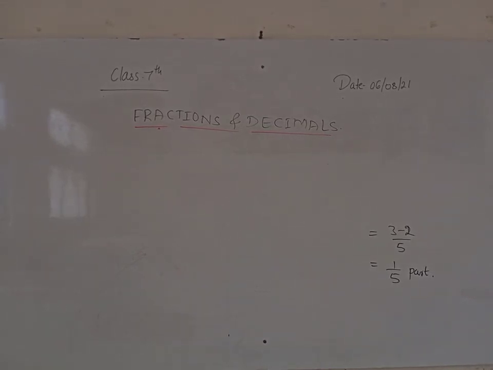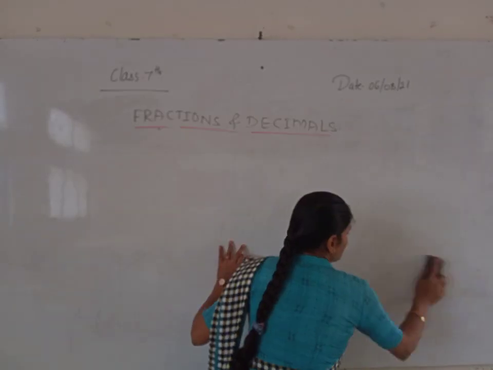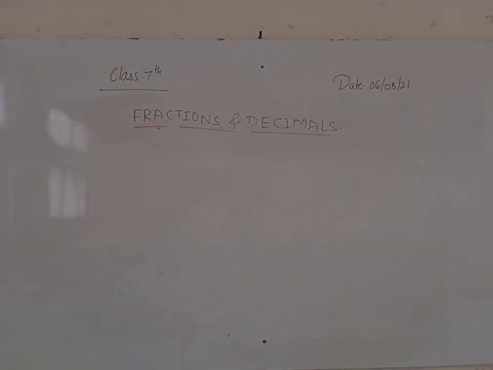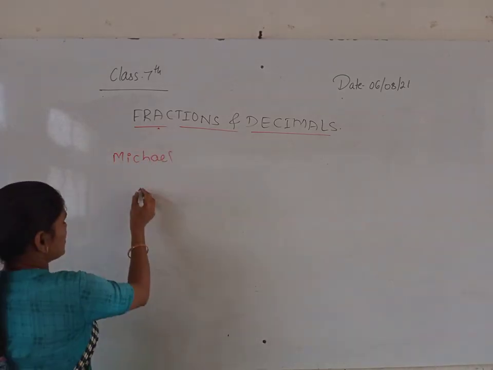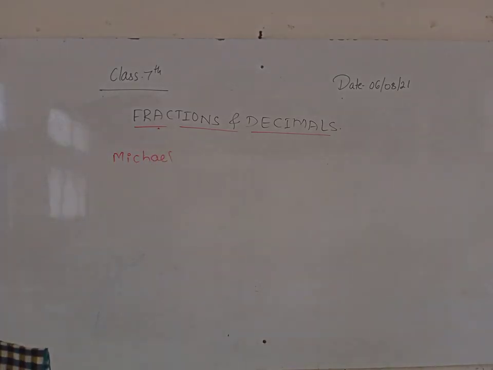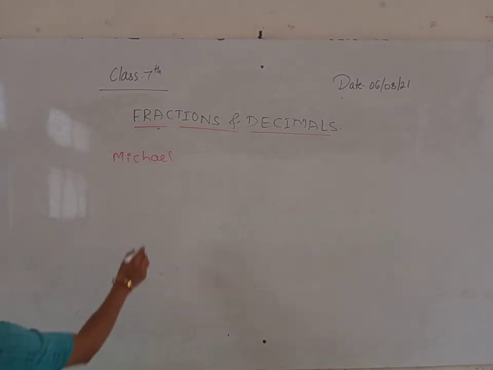Yes, they are coloring the picture. So, Michael colored in 7 by 12 hour. Michael colored in 7 by how many hours? 7 by 12 hours. And one more point we will see.